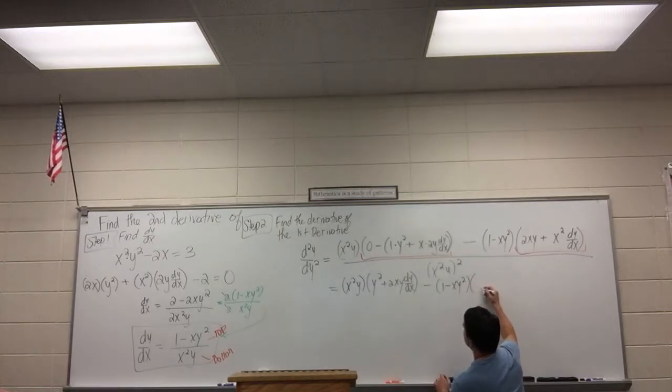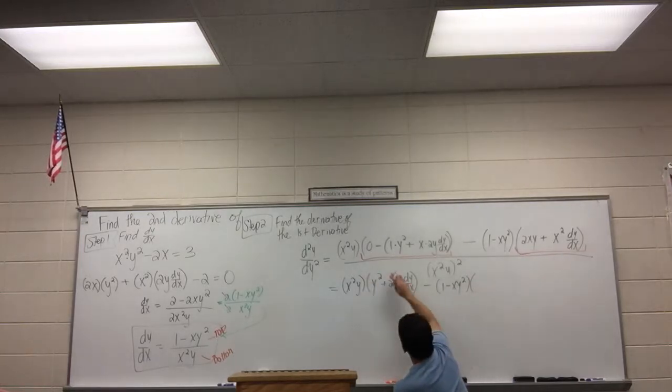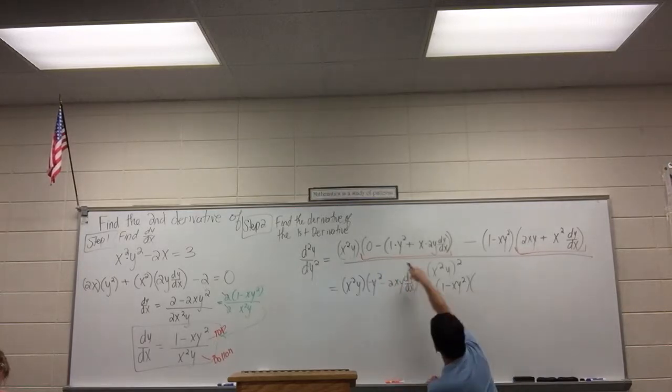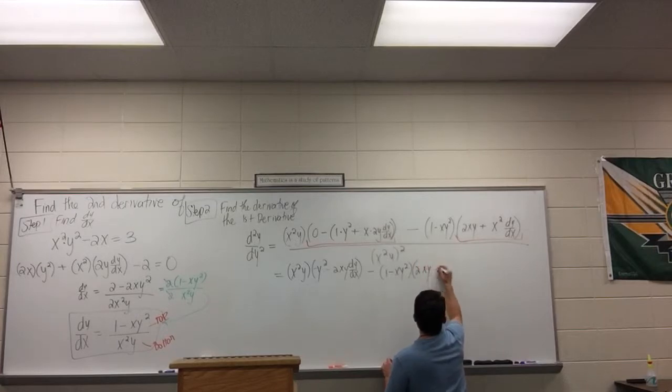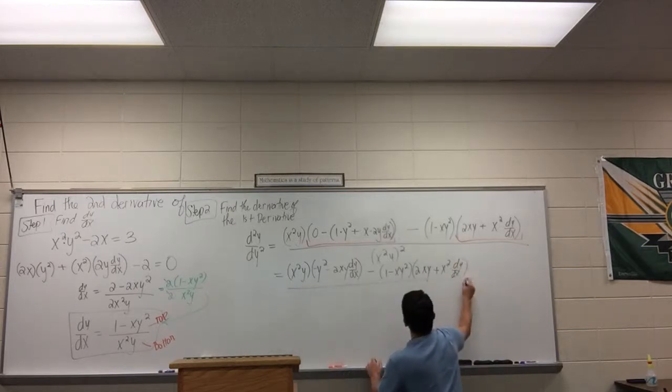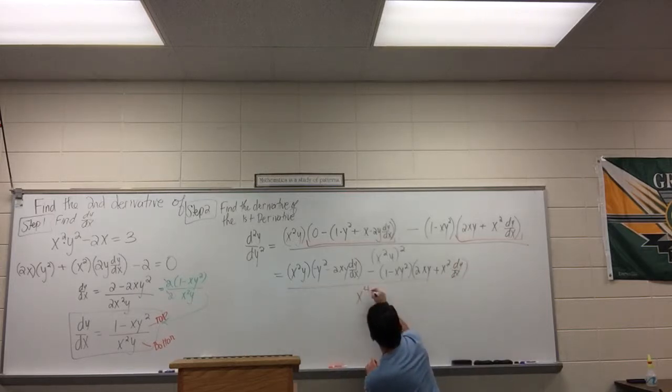Negative. Distributing the negative there, thank you. 2xy plus x squared times dy dx. And don't forget your bottom, x to the fourth over y to the fourth, or y squared.